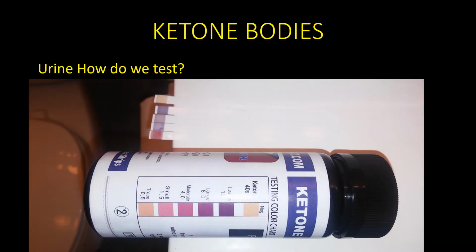This is a typical bottle of ketone urine test strips. I think this one is actually from Smack Fat. I kind of like Smack Fat because I like the guy who owns the brand. He does YouTube videos, and he sells these online. I think you can get them at Amazon and eBay or other places. And I just like the fact that the guy makes videos.